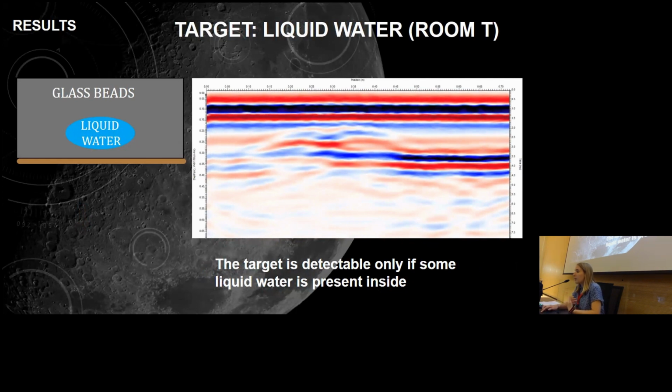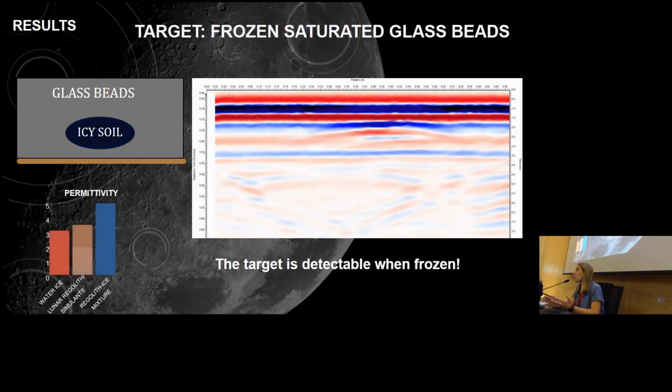Now we are addressing the second scenario, the regolith mixtures, also called icy soil. In this case, when the target is still frozen, we are able to detect it with the GPR. In fact, in the radargram this anomaly is clearly visible on the right side: the hyperbola produced by the target itself.